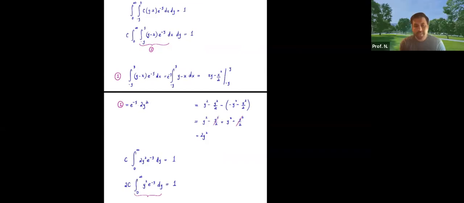Is that supposed to be y squared over 2? When you're plugging in from negative y to y, you have negative parentheses negative y squared minus y squared over 2. If you're plugging in a negative y, and then you have the negative in front of it, wouldn't that become positive?